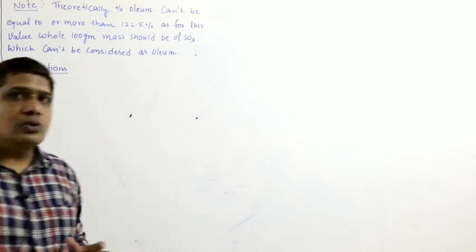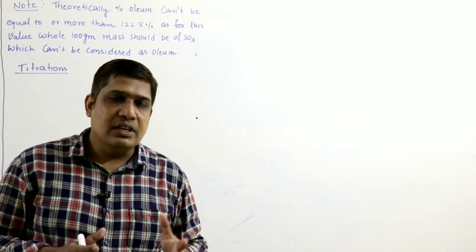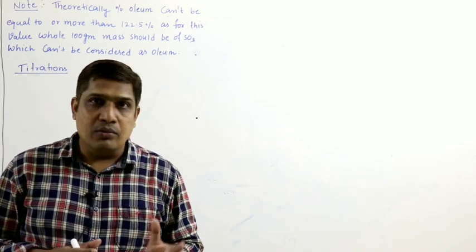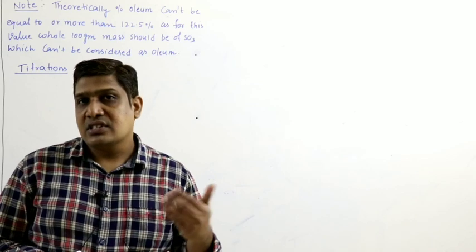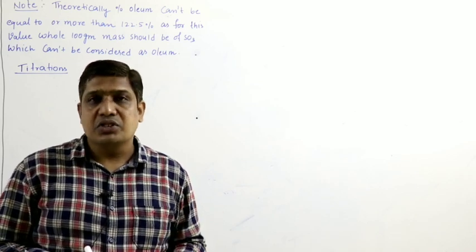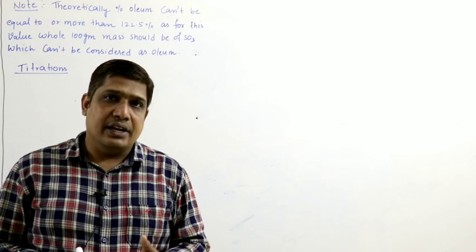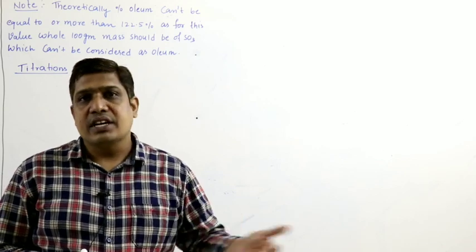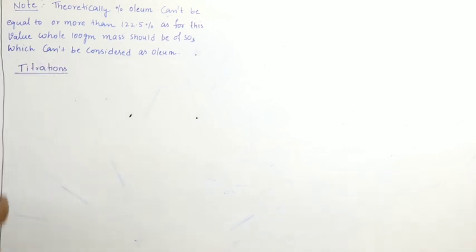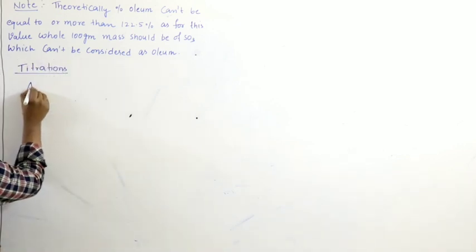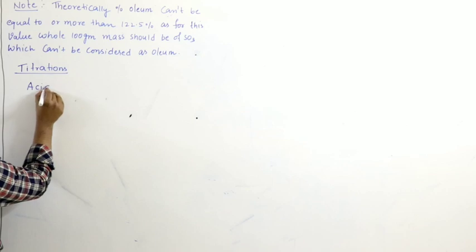So don't panic by seeing back titrations and double titrations in your book. We will study them after the completion of indicators, which we will study in ionic equilibrium. For the time being, here we study acid base titrations.